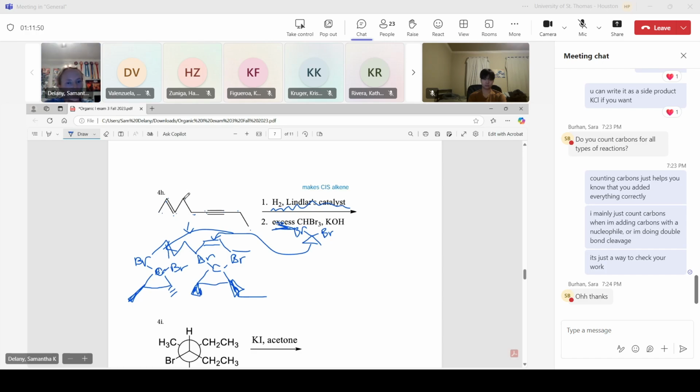So we have 1, 2. Perfect. Nope. We have 1 carbon in between, so I need to make this go 1 carbon out. Perfect. And now you can write an enantiomer, and that would flip the stereochemistry for this one.